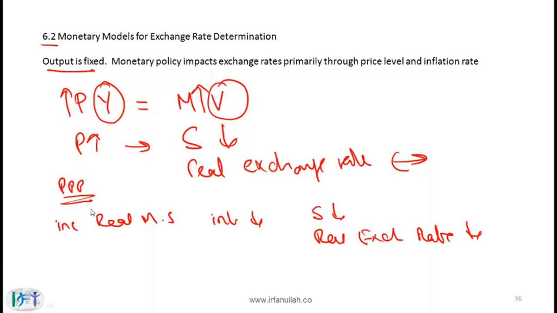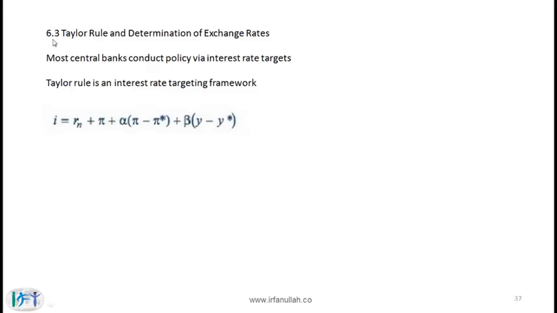In the long run, this model matches with what we talked about earlier, where the exchange rate will converge to the level predicted by purchasing power parity, and the real exchange rate will converge to the equilibrium level. Next, we'll talk about Taylor rule and determination of exchange rates.